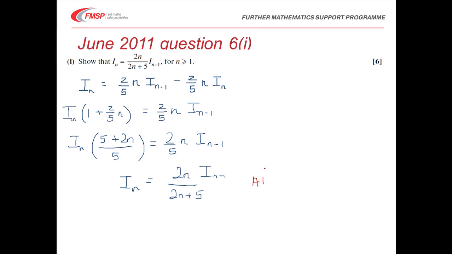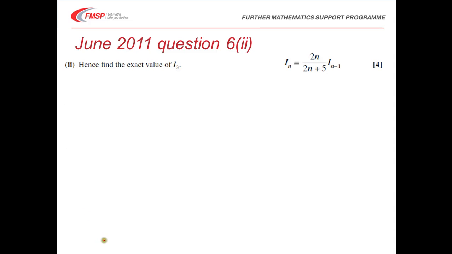So that is part 1, and then in part 2 we're asked to find the exact value of I3. So using this recurrence relation that we just established in part 1, I've written it up here. Then we now need to work out what I of 0 is. So I of 0 is going to be the integral between 0 and 1.